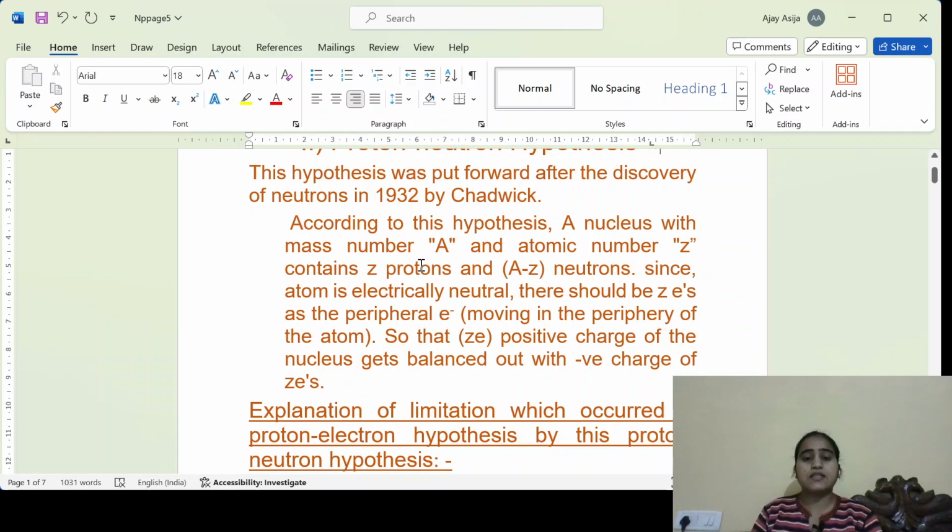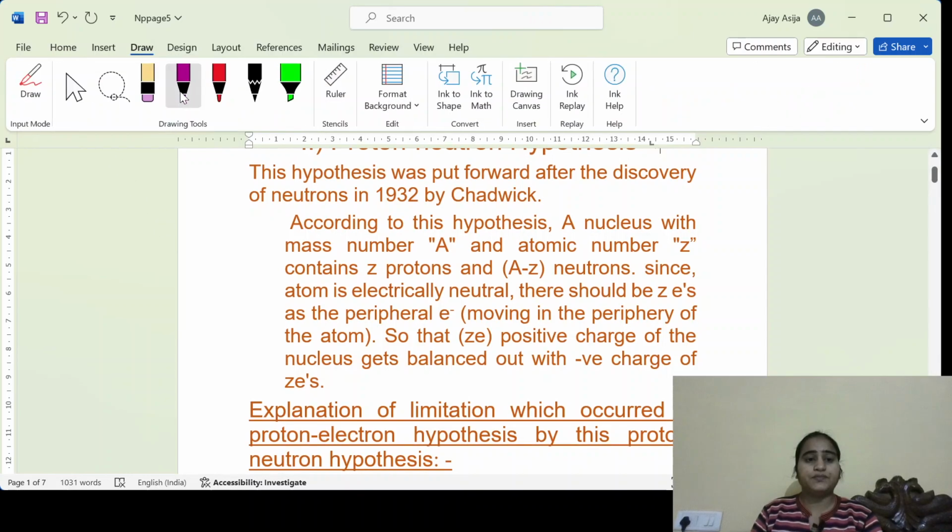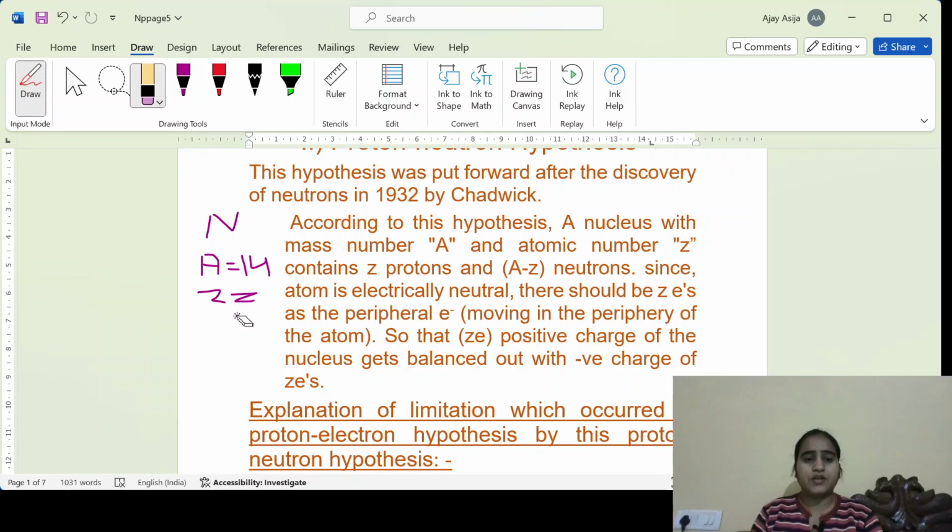Let us explain this definition with an example of nitrogen. Nitrogen has mass number equal to 14 and atomic number equal to 7.